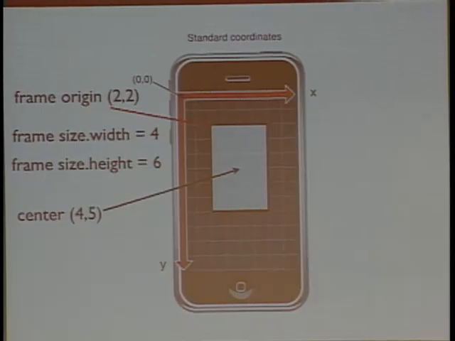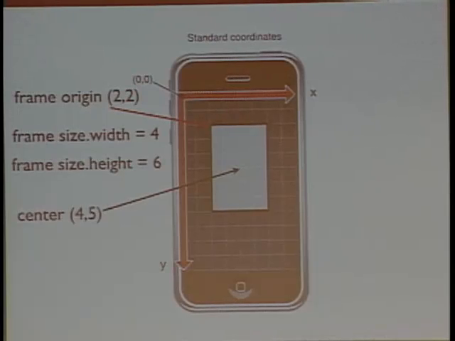Yes? So you can have cascading origins. Right, so the comment was, we can have cascading origins. I don't know if I would say that, but that's one way to think about it, I guess. What we'll eventually see in the next few slides is that basically every view has its own coordinate system, and it also has this frame origin and this center value that happens to be in the coordinate system of its parent.